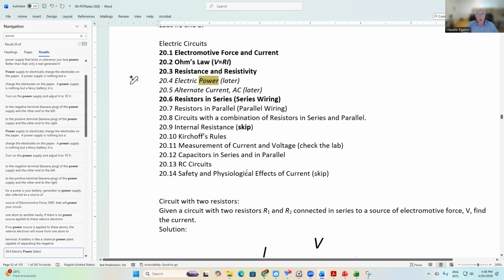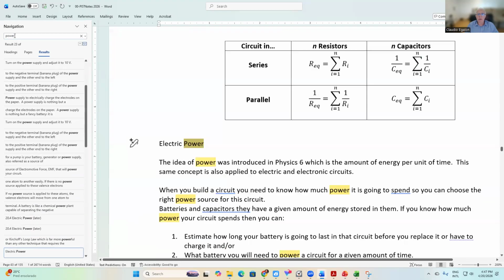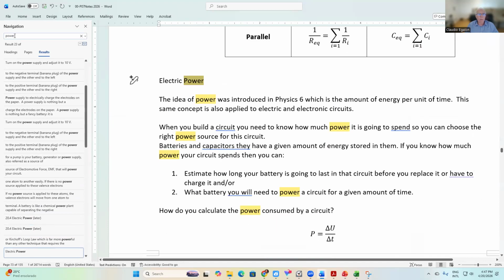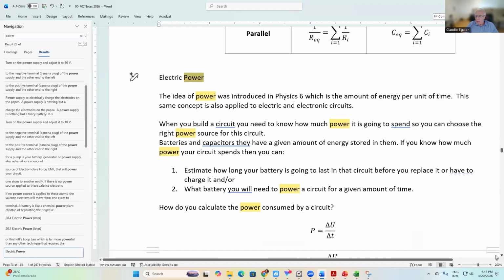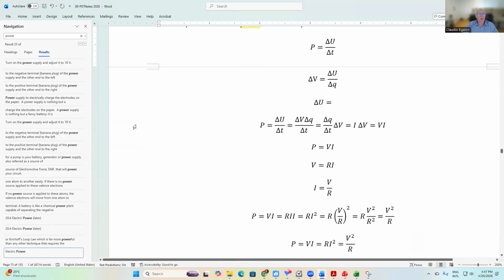The electric power. It doesn't look like we covered it yet, but it's not difficult to talk about because the equation is very simple. Oh, it looks like I did. Yeah, I covered it back there.